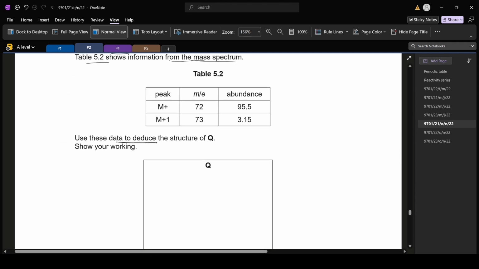Use this data to deduce the structure of Q. Now you have to find out the number of carbon atoms.